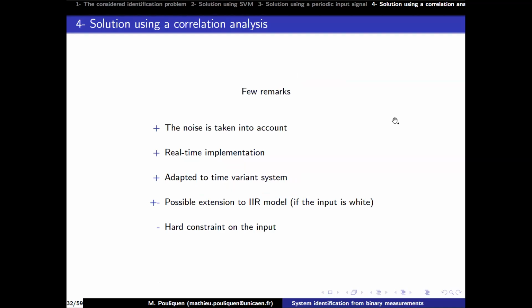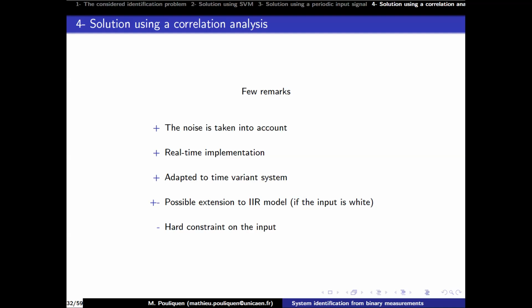I continue my, yes. The advantages and drawbacks. Real-time implementation, good news. Adapted to time varying systems, good news also. We can extend the result to impulse response, infinite impulse response systems. That's a good point.